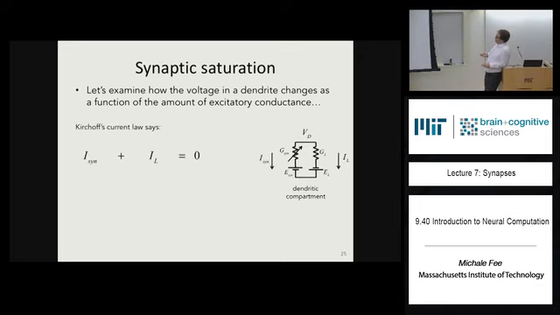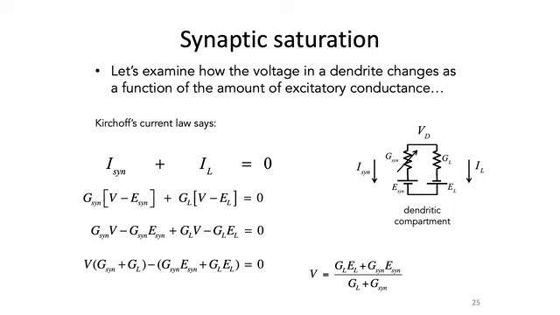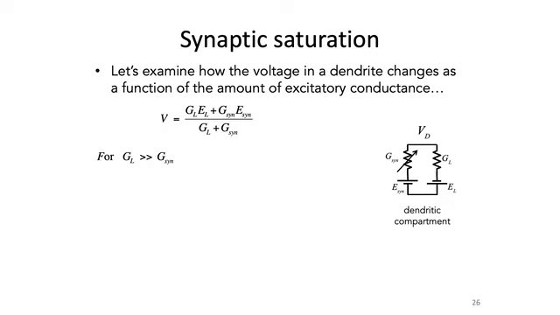I was going to show you the derivation of this. It's very simple. You write down Kirchhoff's current law, substitute the equation for synaptic current and leak current, and solve for voltage as a function of G synapse. You can write down an approximation for the case of G synapse much smaller than G leak, and what you find is it's linear.